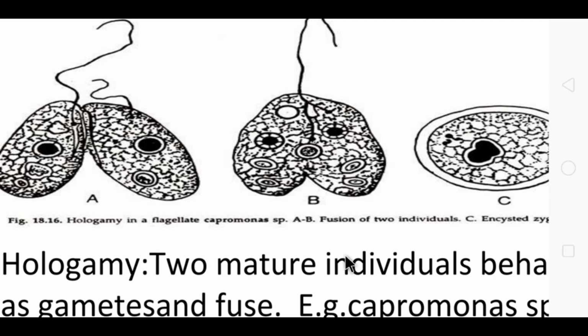Two mature individuals behave as gametes and fuse. Example: Copromonas. This is one gamete, this is another one. The two come together and form a single encysted zygote.